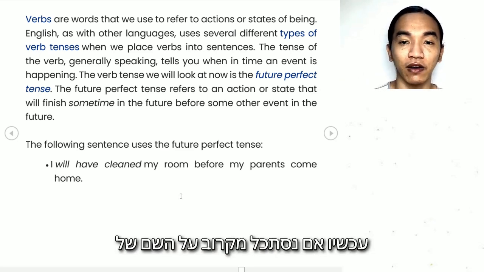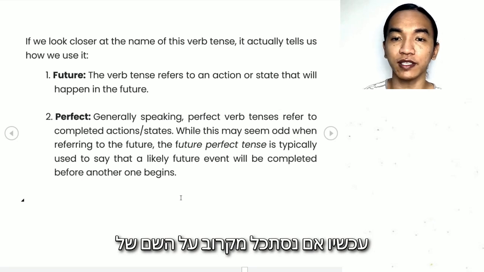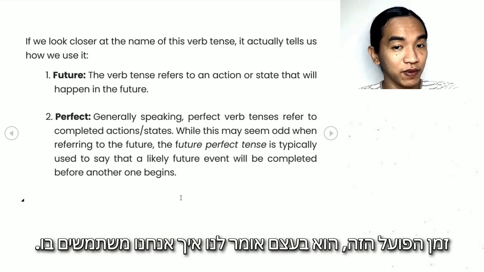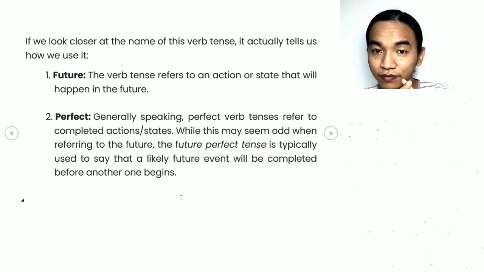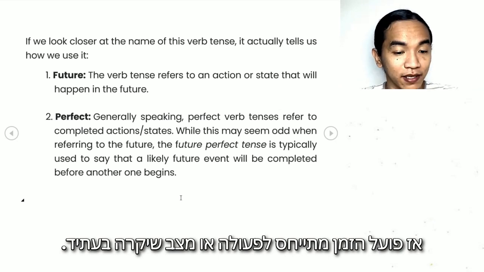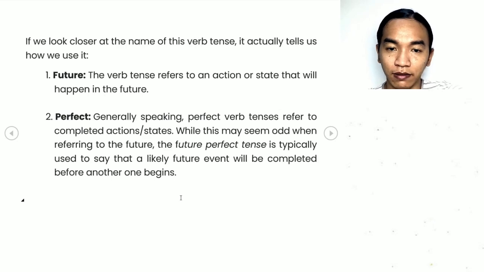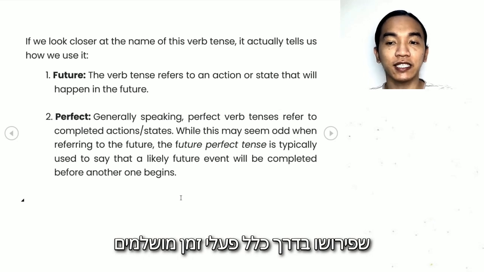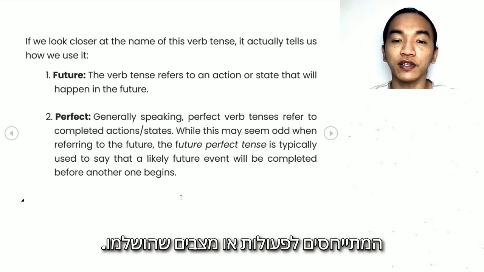Okay, now so if we look closer at the name of this verb tense, it actually tells us how we use it. We have future. So the verb tense refers to an action or state that will happen in the future. So we also have the perfect, which generally means perfect verb tenses refer to completed actions or states.